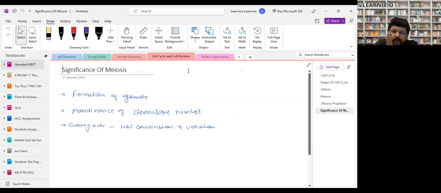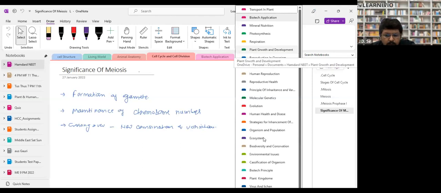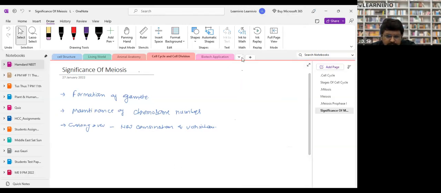And revise it. In the next class, we'll start with the biomolecule part, right? Biomolecules are important for your school examination. And basically, out of biomolecules, what exactly do they ask in a school examination?